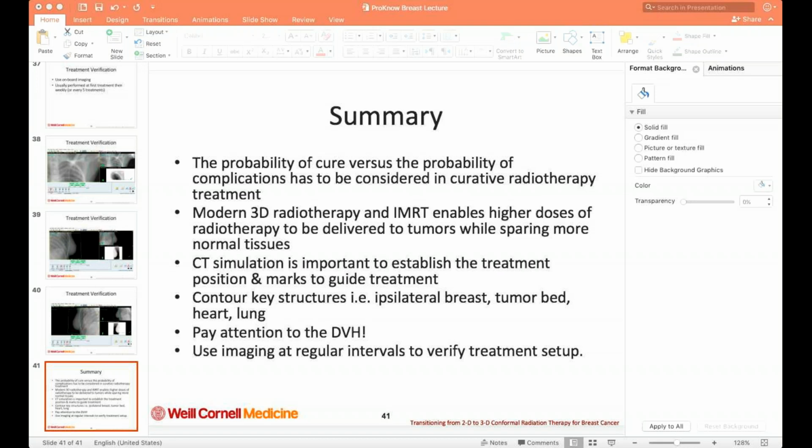Your other question was to what extent can you hypofractionate? Right now the limit that we've pushed is 15 fractions. It also depends on the volume of the breast that you're treating.